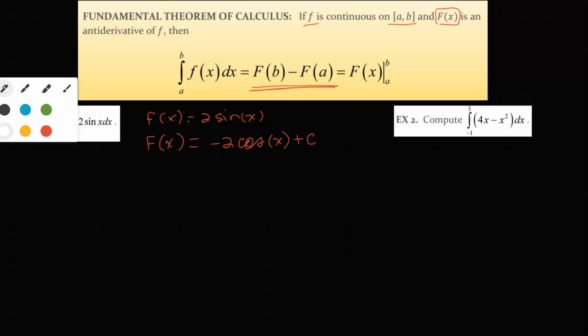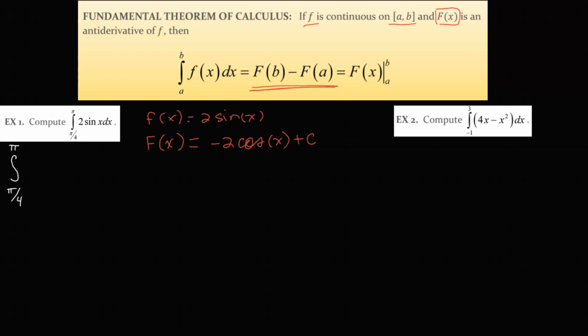So we can say that the integral from pi over 4 to pi of 2 sine x dx is going to equal negative 2 cosine of x plus c evaluated from pi over 4 to pi.